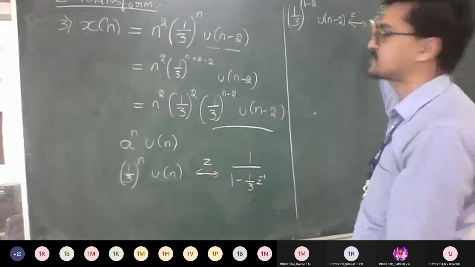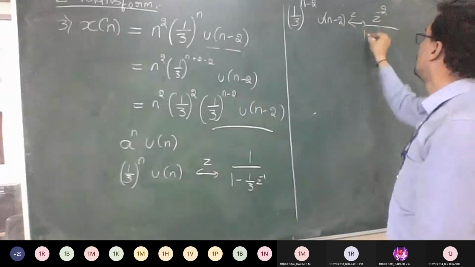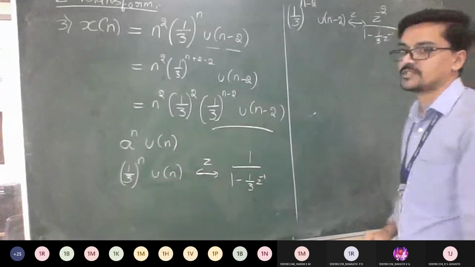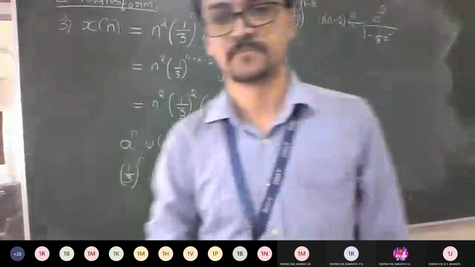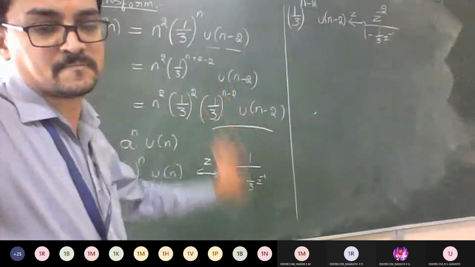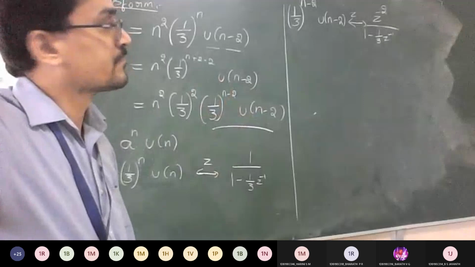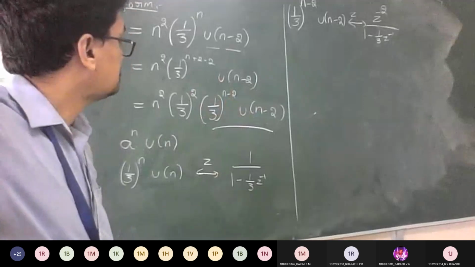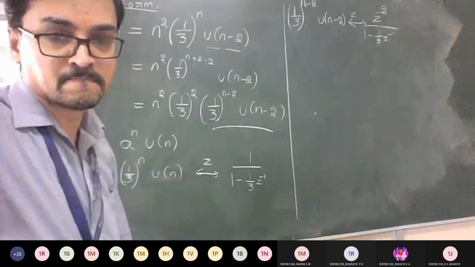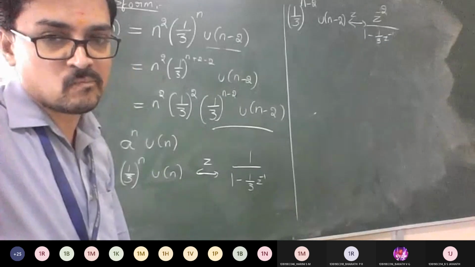If it is minus 3, minus 3. Whole divided by 1 minus 1 by 3 z raised to minus 1. So this is how it looks. I hope the things are clear to everyone. Is that okay, guys? Still here? Is it fine?